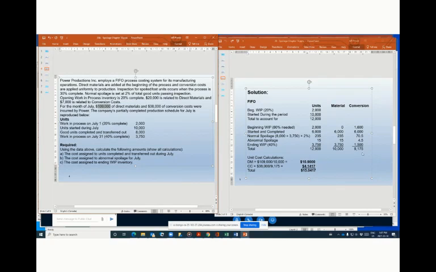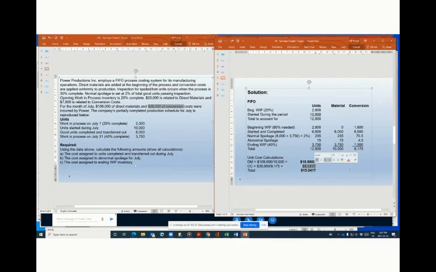I've got 9,175 equivalent units of conversion costs, $38,000 worth of conversion costs incurred this month, or 4.1417 per unit.